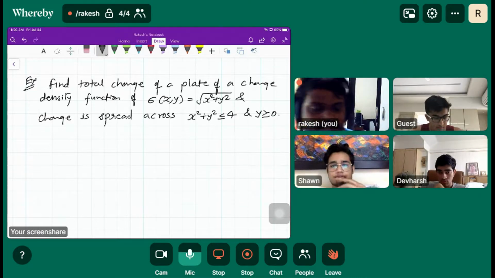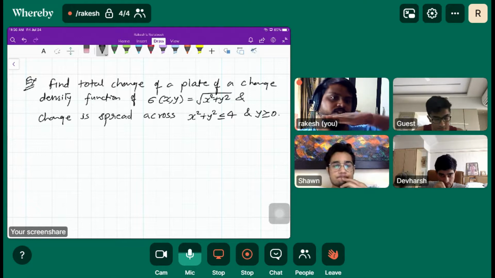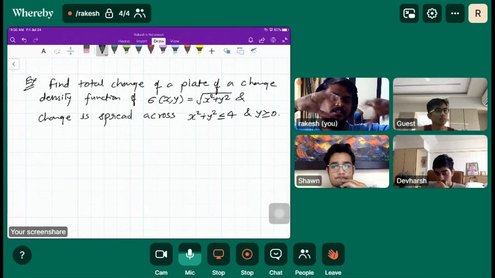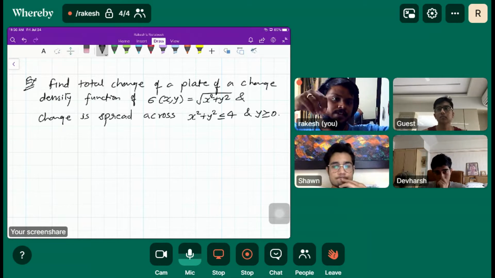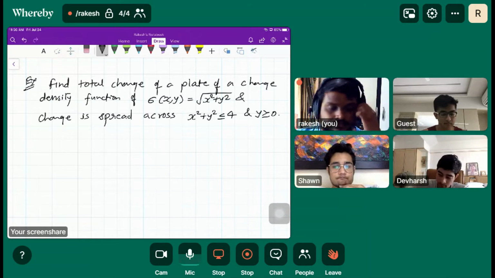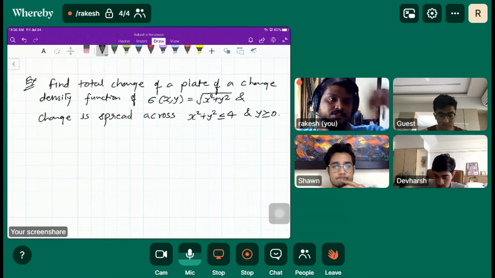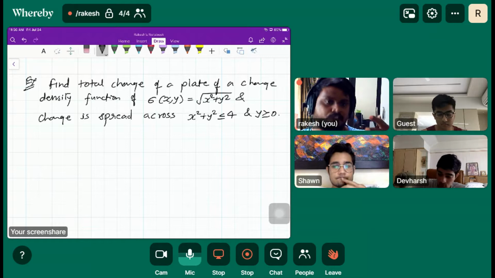But before this, let's discuss just the surface. The charge is spread all over the super thin surface, and we have to find the total charge on this. Charge is also a continuous function.